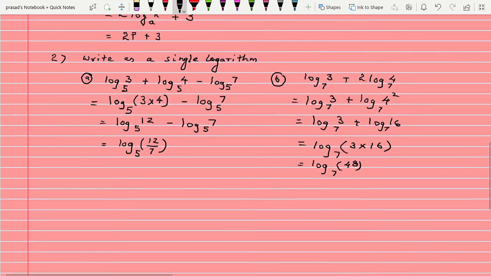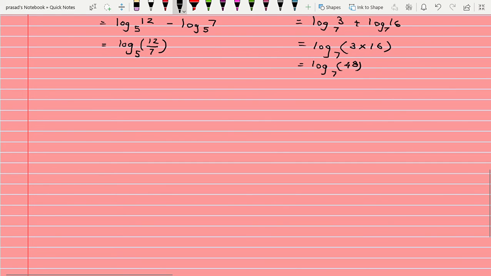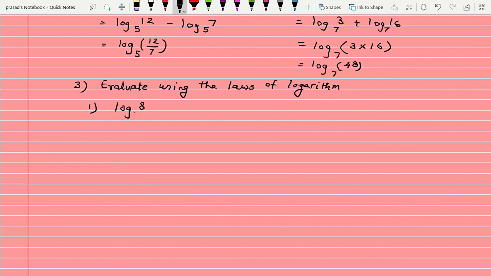Okay, let us take a third type of problem here. Evaluate using the laws of logarithm. So first one, log of 8 to base 2.